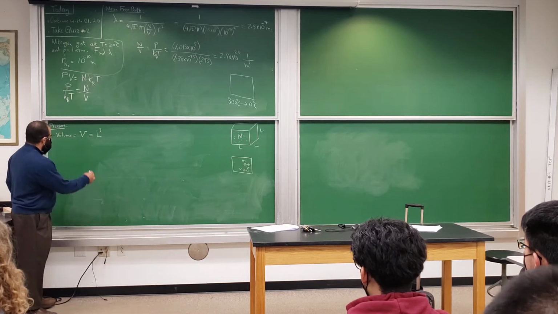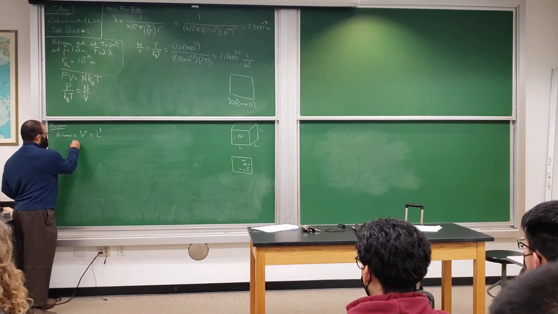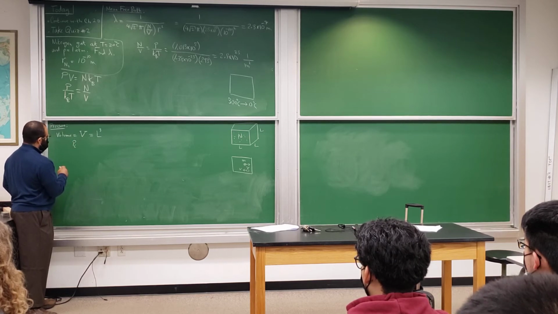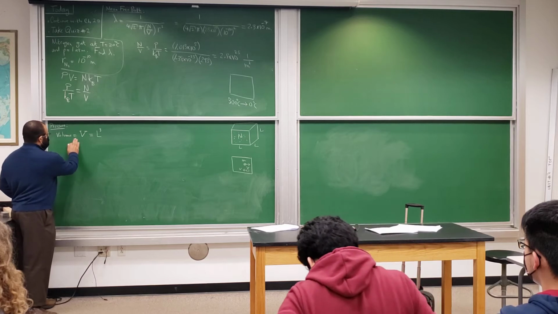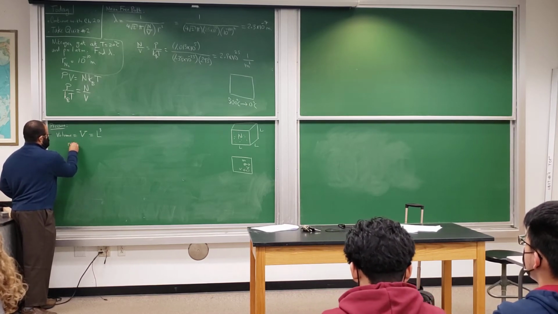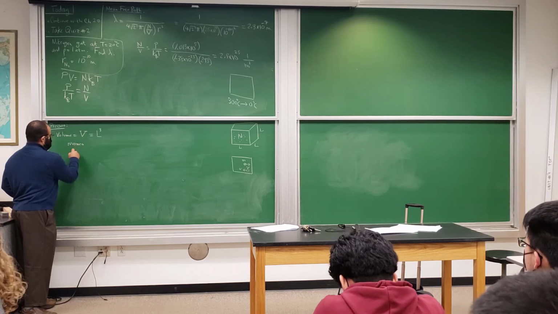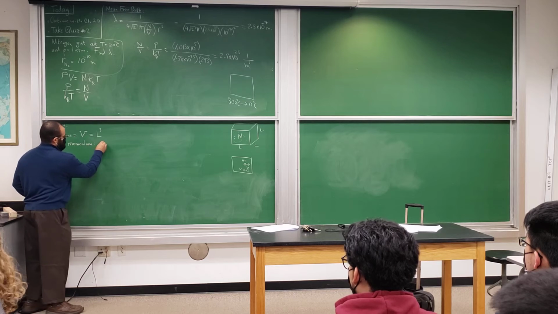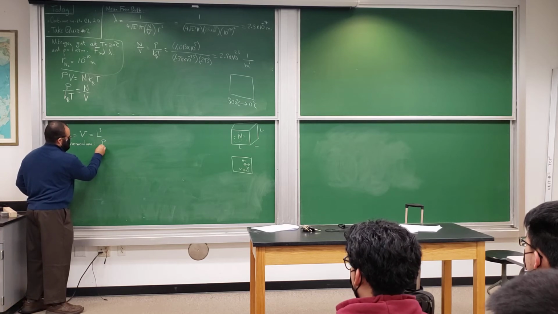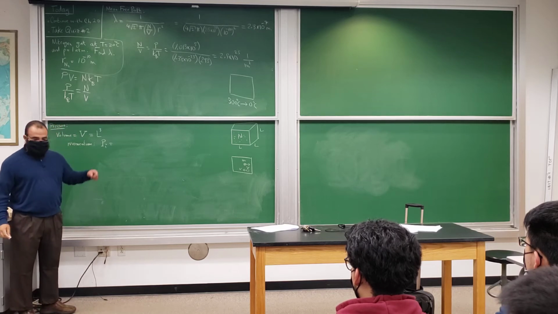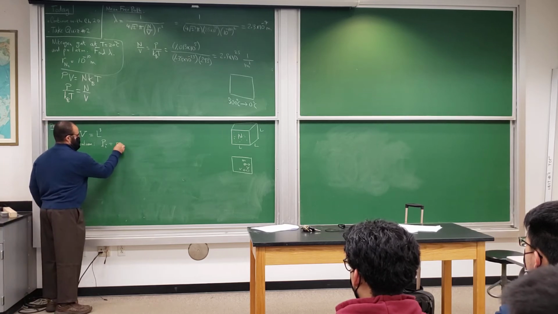So, what is the momentum, P initial? Momentum has the symbol P also, like pressure. What is the initial momentum? M times V. MV to the right.